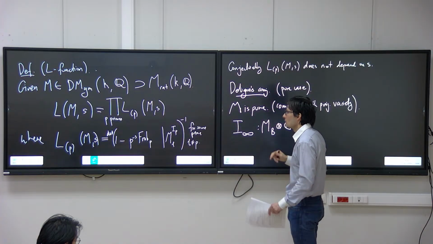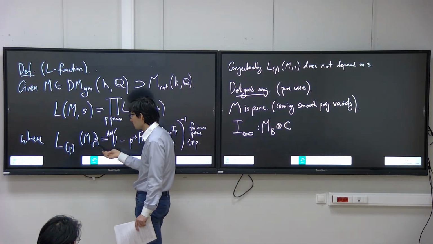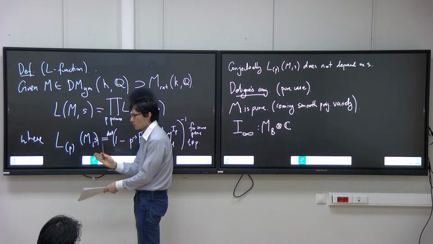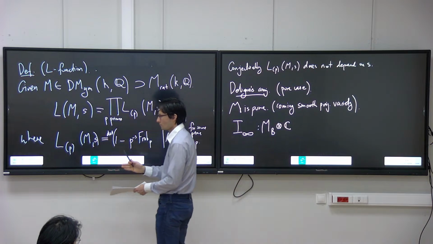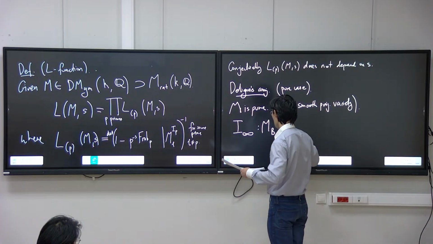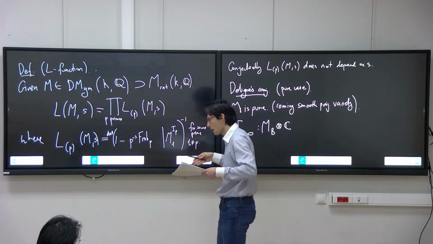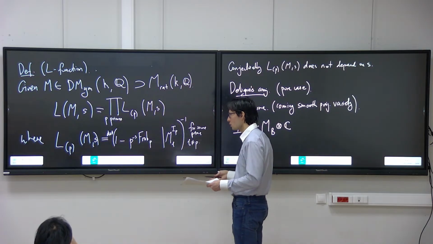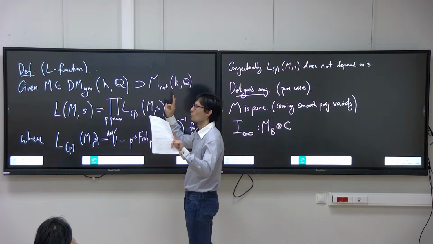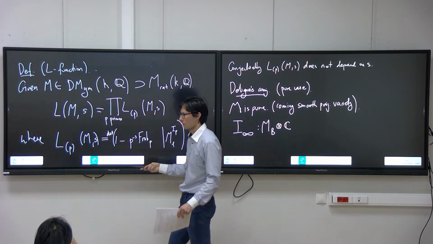But we need to find out the values of s for which this L-function can actually be evaluated. So this is where this period morphism comes in, which I will define in a moment, defined by Deligne. It tries to cut out a condition, the so-called critical condition, where this L-function makes sense to evaluate.